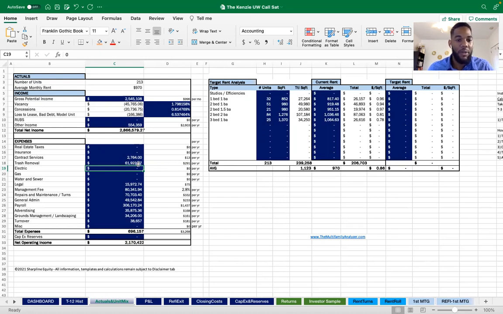For a lot of people that attend these calls frequently with Charles, when we underwrite these for a certain amount of time, you get comfortable and you say, oh, this seems kind of low or this seems kind of high, right? So I think that's the purpose of breaking it out, so you can get a better idea of how this property is operating versus other properties on a per unit per year basis.